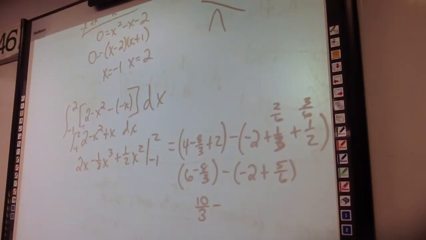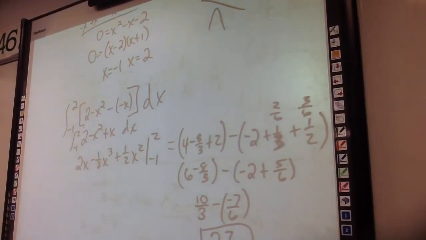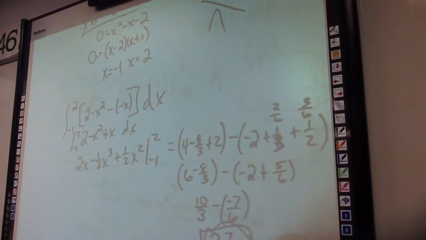So 4.5. Yeah, I guess I should reduce. I should be proper about it.